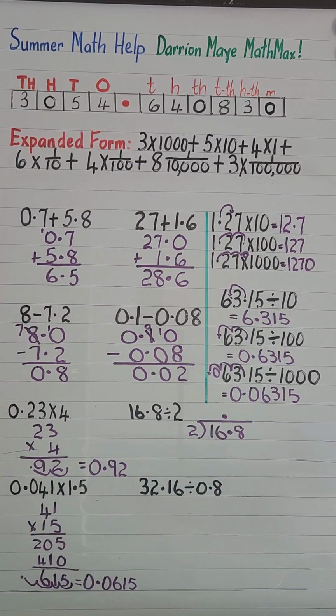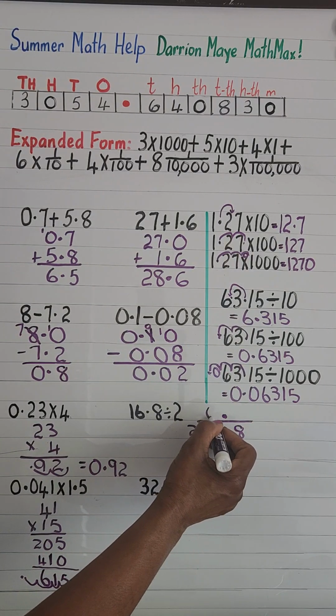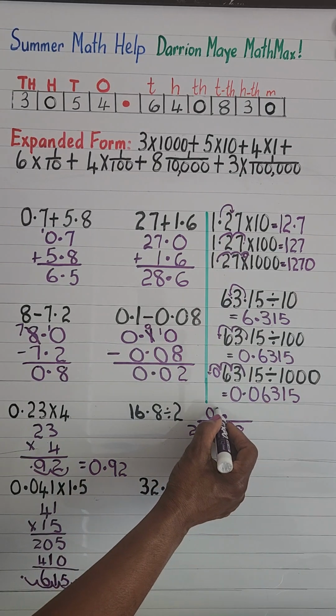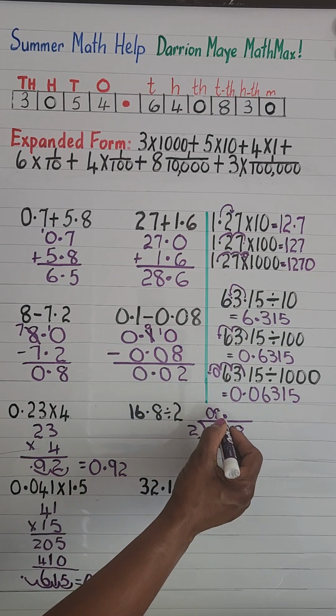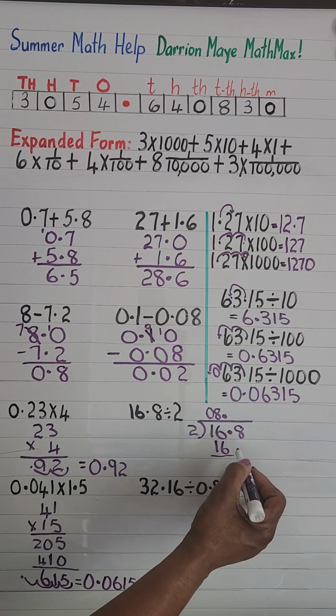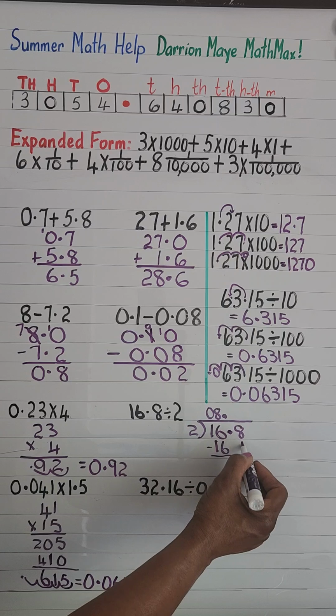How many times can 2 go into 1? 0 times. How many times can 2 go into 16? 8 times. Multiply 8 by 2, 16. Subtract, we get a 0. Bring down the 8.